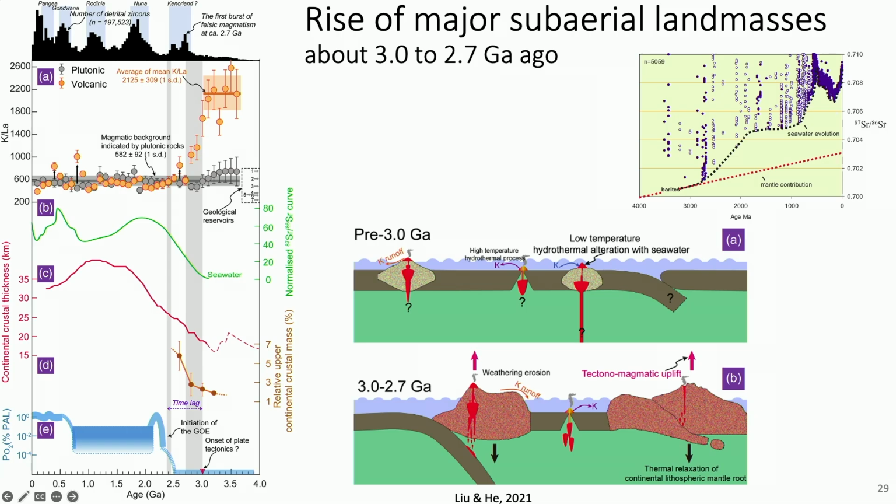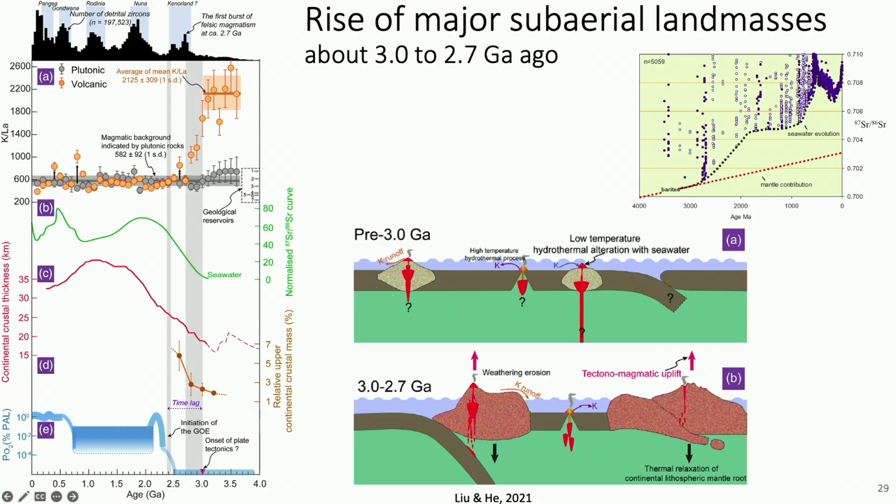Potassium is water soluble, and will just leave the rock during weathering and alteration. What we see here from that record, as a function of time, from present day to the Archean limit, is that at the beginning there was little weathering until 3 billion years ago, and then weathering started very intensively between 3 and 2.7 billion years ago, and then continued more or less like it is now.